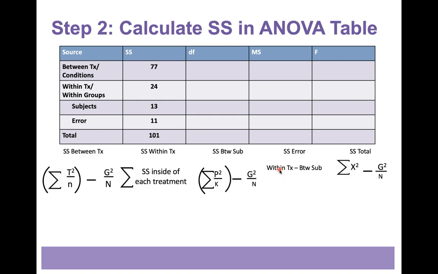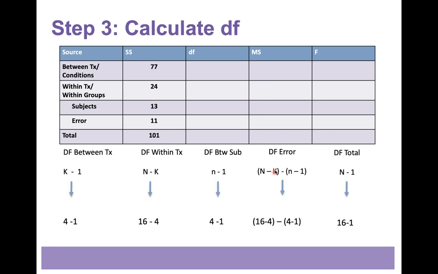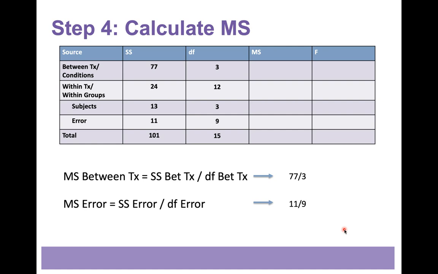Just like we did with the sum of squares, within minus subjects, it's the same thing for degrees of freedom. So 16 minus 4 was 12. 12 minus 4 minus 1, which is 3. So 12 minus 3 is going to give me 9 error degrees of freedom. And then degrees of freedom total is big N minus 1. That's 16 minus 1. So we can put all those there.